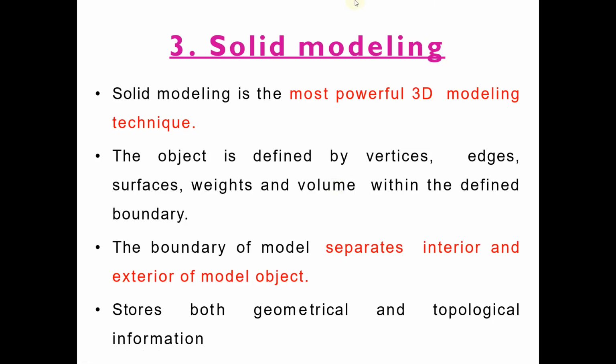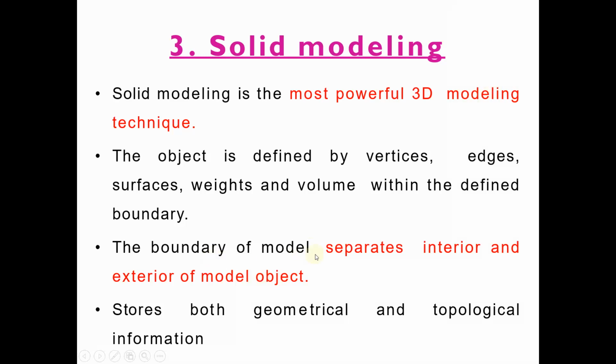Suppose we have created a three-dimensional block, and we say that this particular block should represent GI, galvanized iron, or cast iron, or any other type of steel, say stainless steel. We can easily assign the properties of such materials to this block by giving certain values.